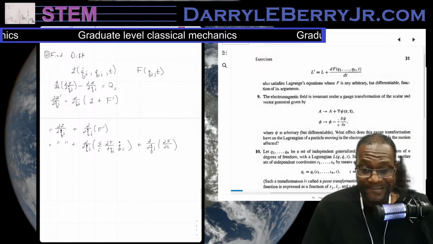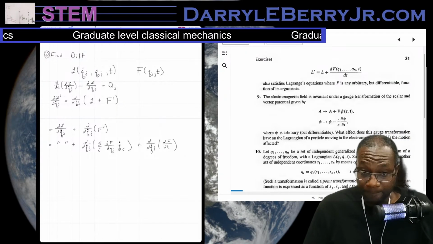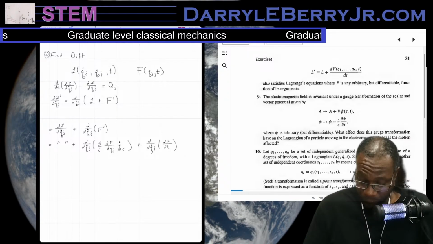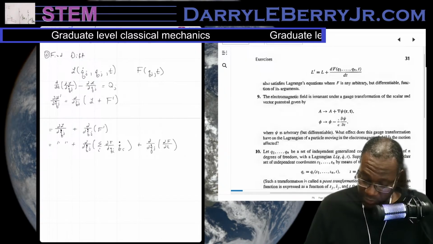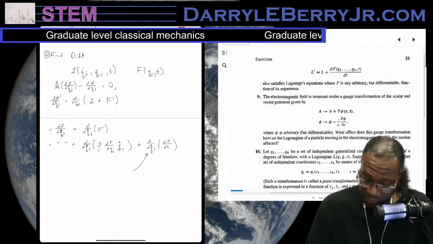So this seems like it should be 0 since there's no q dot dependence.